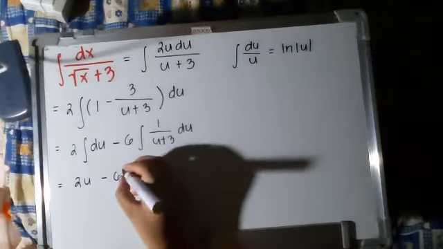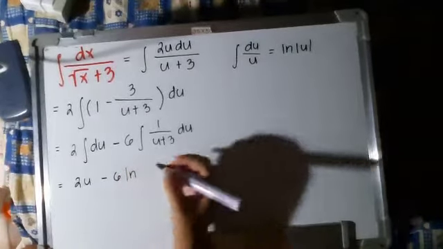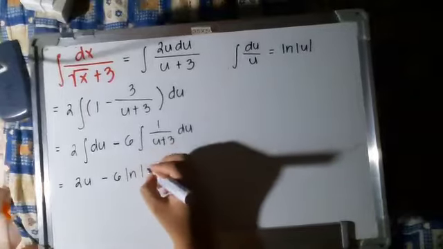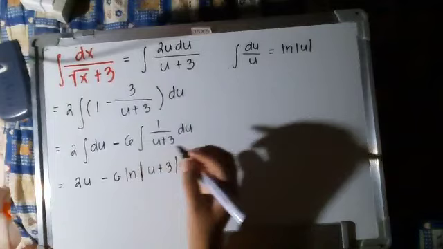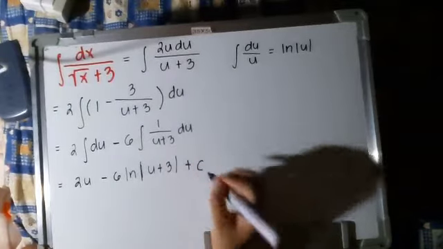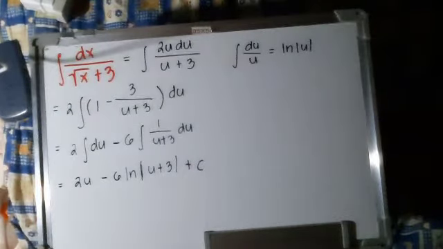So, this will be 6 ln, then kung ano yung value ng u mo, u plus 3. Habaan natin para hindi kayo malito. Plus c. So, huwag kakalimutan yung plus c doon sa dulo. Then, final step, lahat ng u, gagawin natin na kung ano ba talaga yung value niya, ibabalik natin lahat yon.